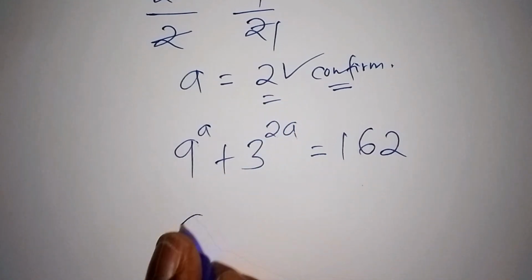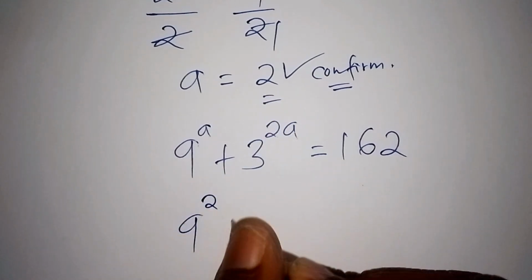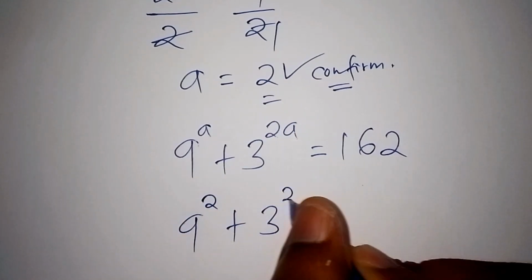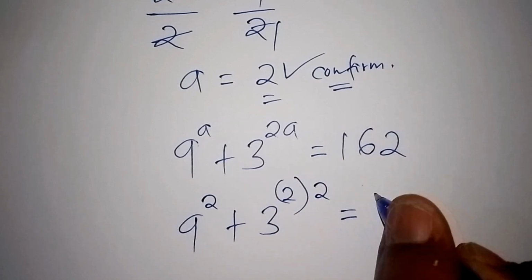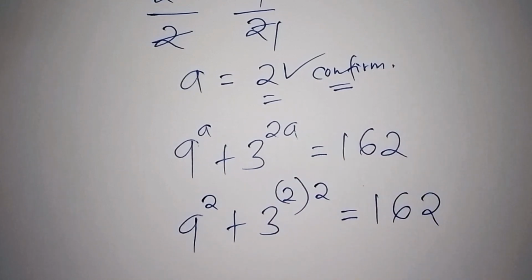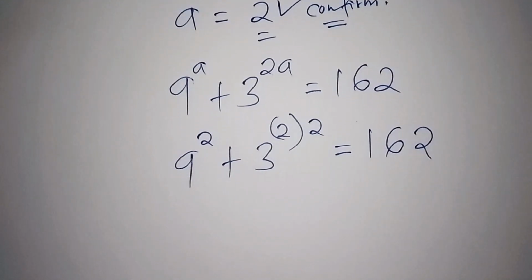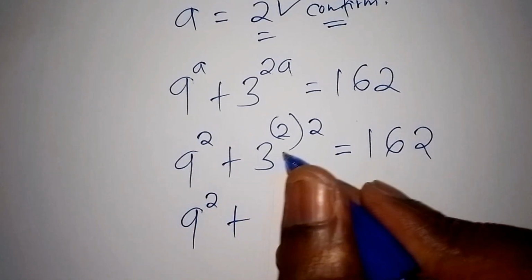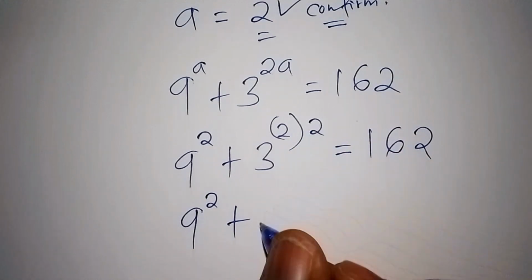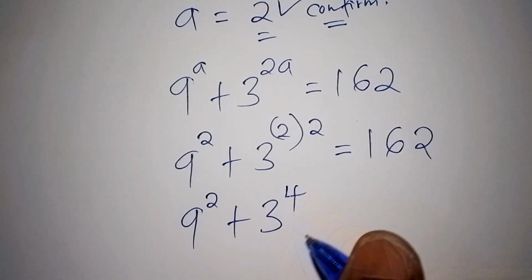So now we shall have 9 to the power of 2, plus 3 to the power of 2 into bracket 2, is equal to 162. So here we shall write 9 to the power of 2 plus 3 to the power of 2 multiplied by 2, which is 4. So 3 to the power of 4 is equal to 162.